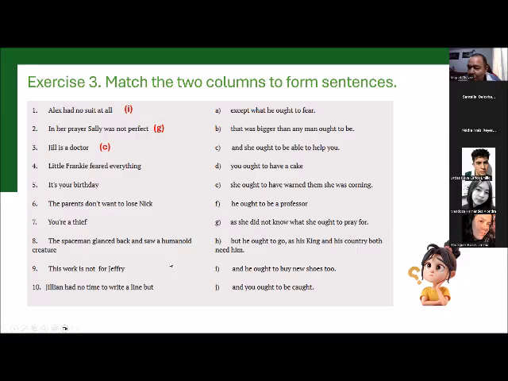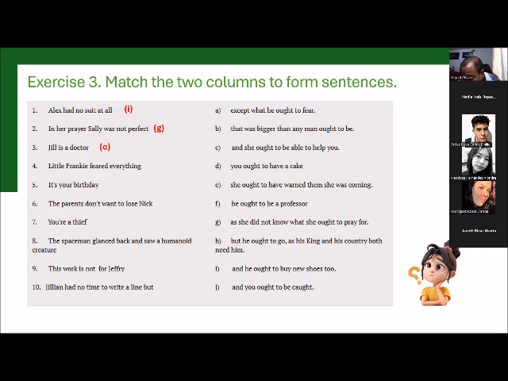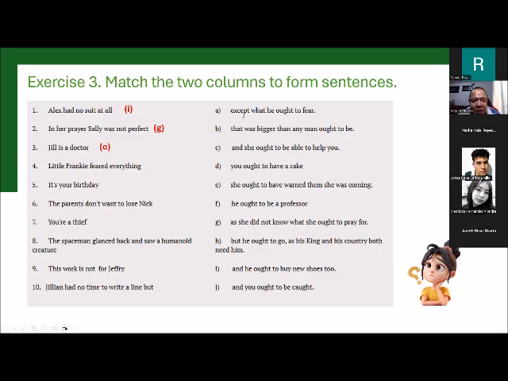Okay. Number 4, please. Yes, please, Janet. Frankie fired everything. Letter A. Can you read the information in letter A?